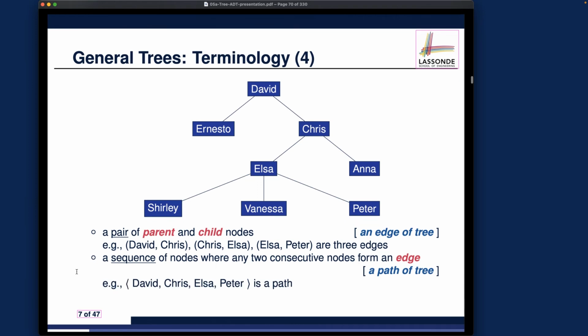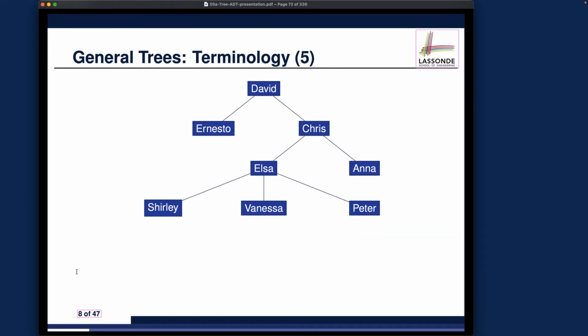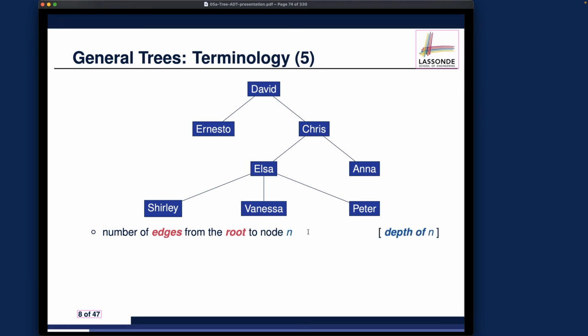All right, then we're going to talk about 2 important concepts which we're going to implement in Java later. As we go over the definitions for these 2 notions, think about how you may implement them recursively in Java. It may not hurt to think ahead. The first one is the number of edges from the root to that particular node n. Let's do one at a time. It's called the depth of n.